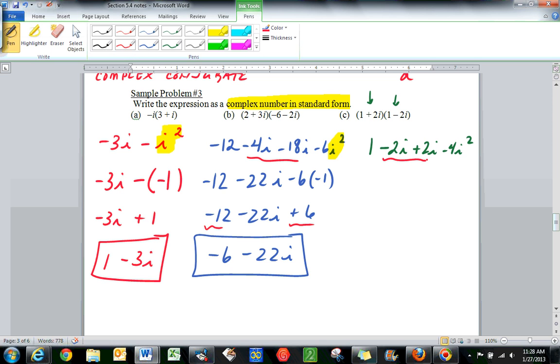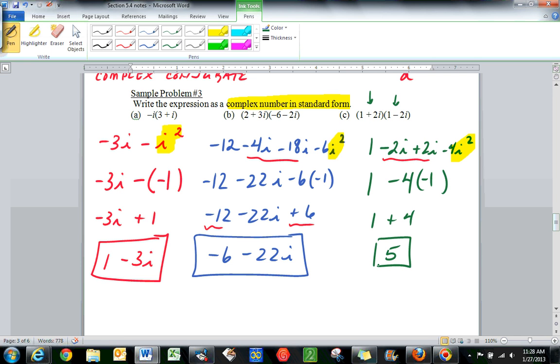As we combine like terms here, we can clearly see that the -2i and the positive 2i cancel each other out. So we're going to be left with 1 minus 4. And of course we need to replace the i squared with the -1, so that's going to give us 1 plus 4 which simply gives us 5.